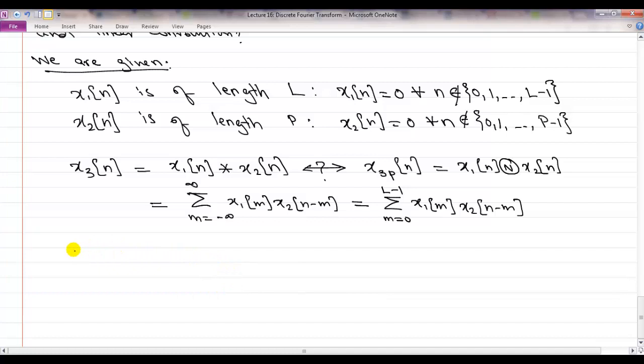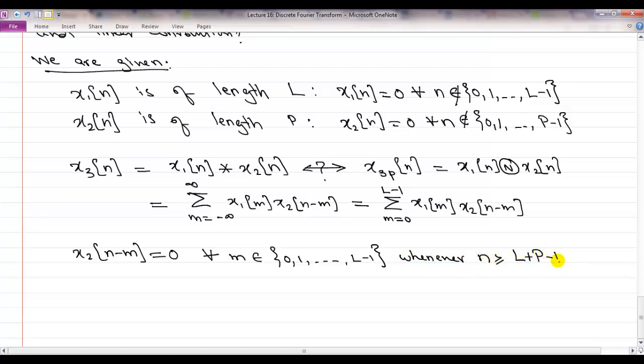Now, x2 of n minus m is going to be 0 for all m in this summation, for all m belonging to 0, 1, up to L minus 1, whenever n is greater than or equal to L plus P minus 1. Whenever your index n is bigger than the length of one sequence plus the length of the other sequence minus 1, x2 of n minus m will be 0.